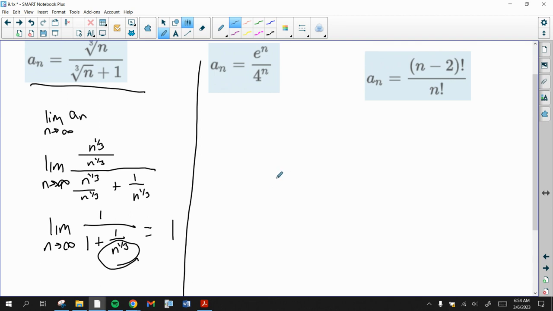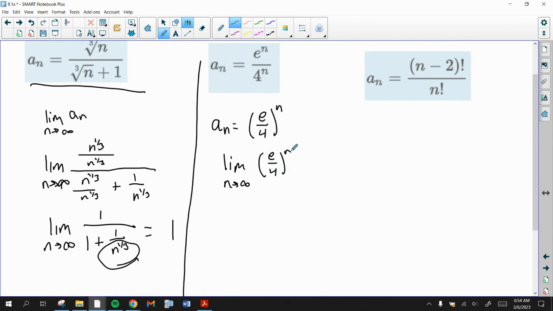This next one, we have two exponential functions, but they're raised to the same power. So think of it like this. We have the limit as n goes to infinity of (e over 4) to the n. So it's an exponential function.